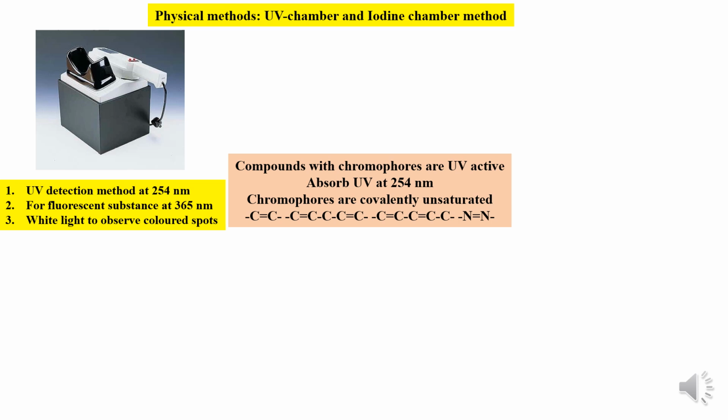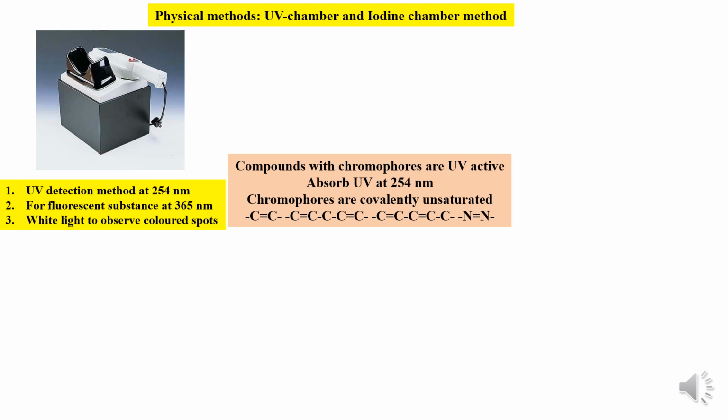So what are chromophores? Chromophores are groups or parts of a molecule that are responsible for characteristic absorption of radiation at a wavelength of 254 nanometers. So compounds with chromophores are UV active and absorb the UV radiation at a wavelength of 254 nanometers.